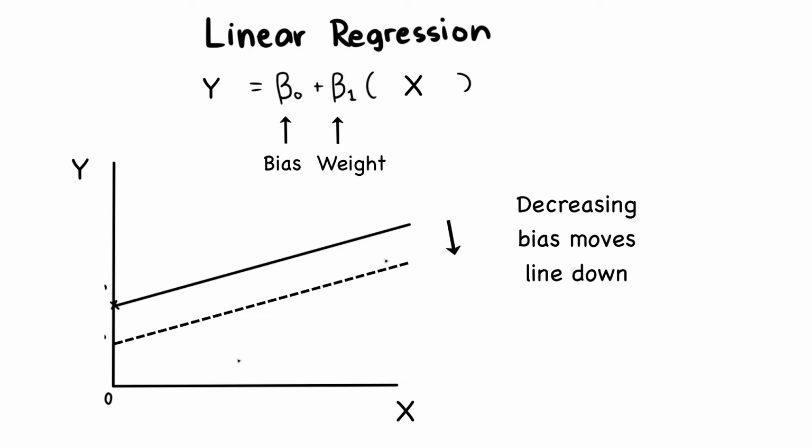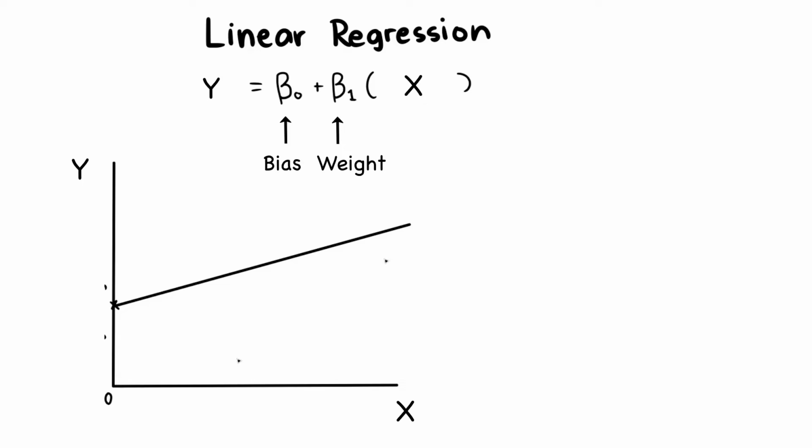So in this linear regression example, coefficient 0 is your bias and coefficient 1 is your weight. And with the neural network, you can think of weight as increasing the steepness of the activation function. And this means that weight decides how fast the activation function will trigger, whereas bias can be used to delay the triggering of the activation function.